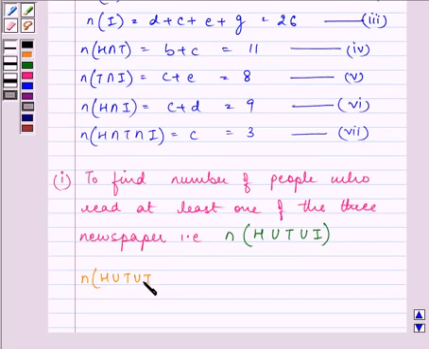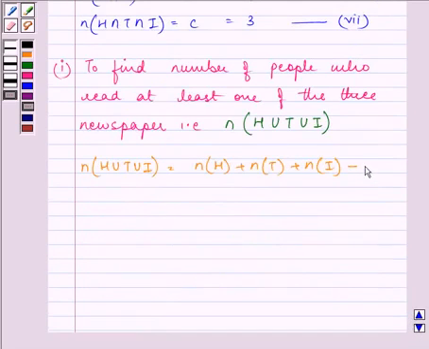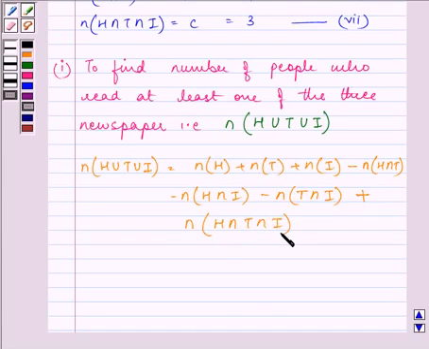H union T union I will give us, by adding first of all the elements of all the 3 sets, then subtracting their intersections, that means subtracting H intersection T, subtracting H intersection I, subtracting T intersection I, and then adding the number of elements that are common to all the 3 sets.